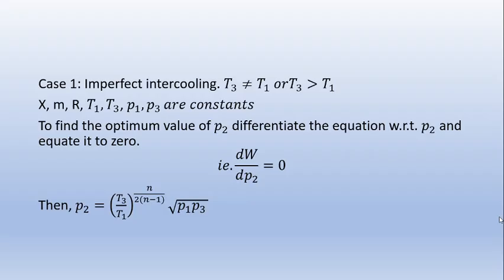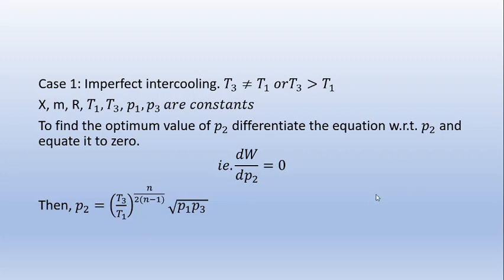That is not possible. So we discuss imperfect intercooling first, then we will go to perfect intercooling. Imperfect intercooling is the actual intercooling, and the other one is the ideal case. In imperfect intercooling, T3 is not equal to T1; T3 is always greater than T1.